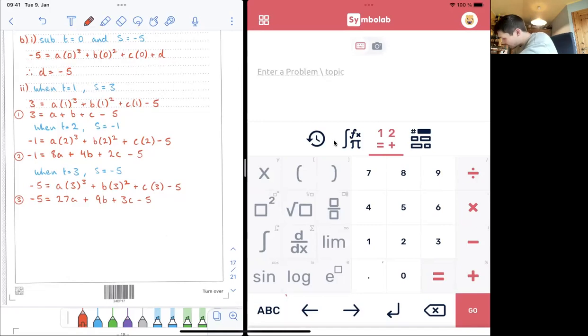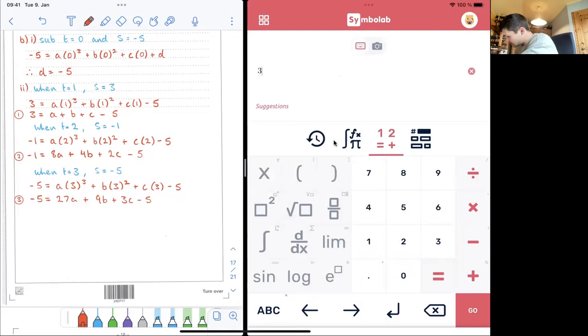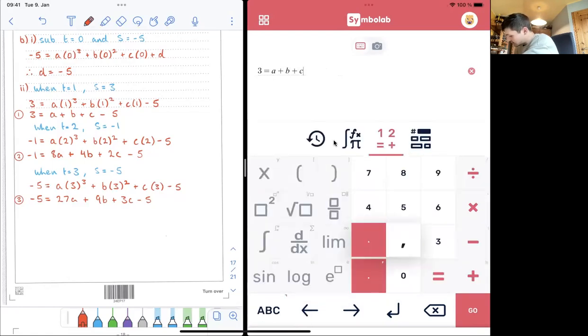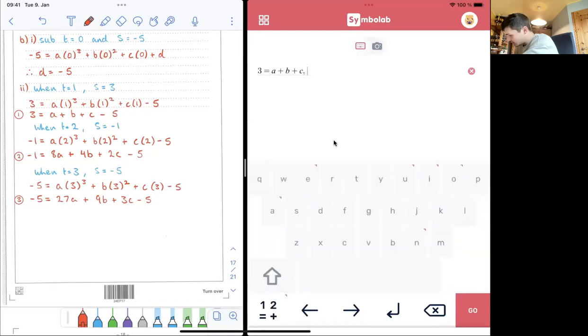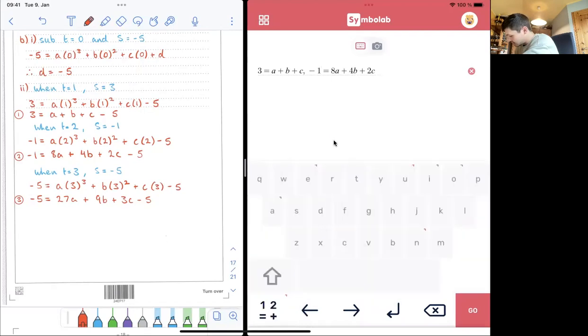So let's go without further ado. Let's plug these in. So we've got 3 is equal to A plus B plus C -5. Separate these out with a comma, and then we have -1 is equal to 8A plus 4B plus 2C -5.